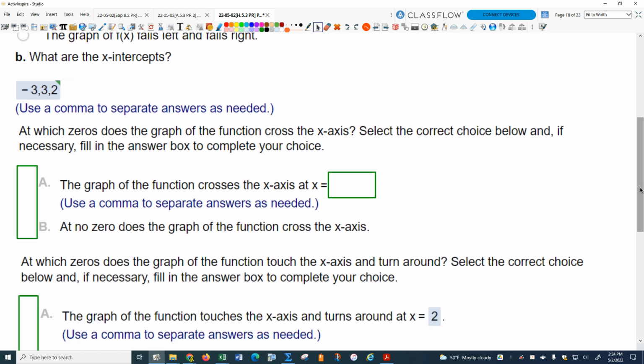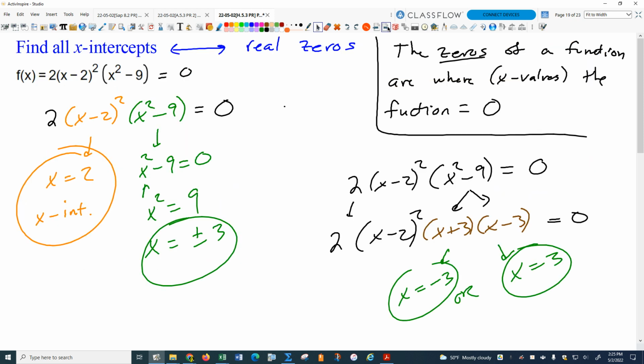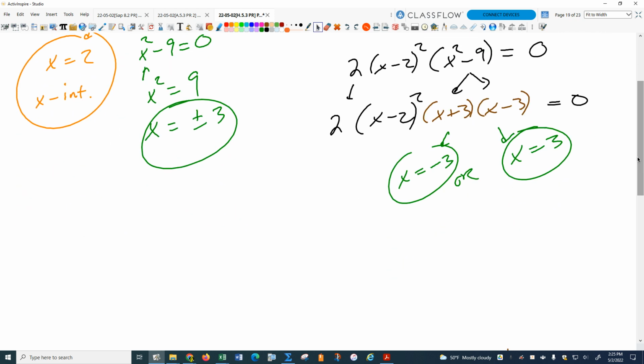At which zeros does the graph of the function cross the x-axis? What do you think? So maybe here, let's look on the next page. Maybe it's useful to think about it being completely factored for this part.